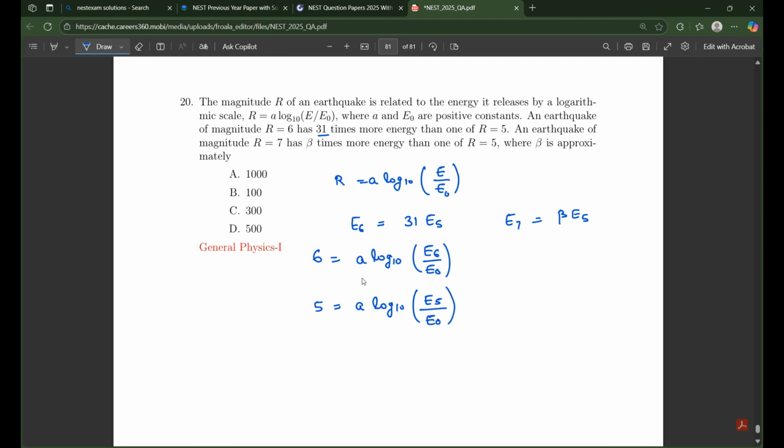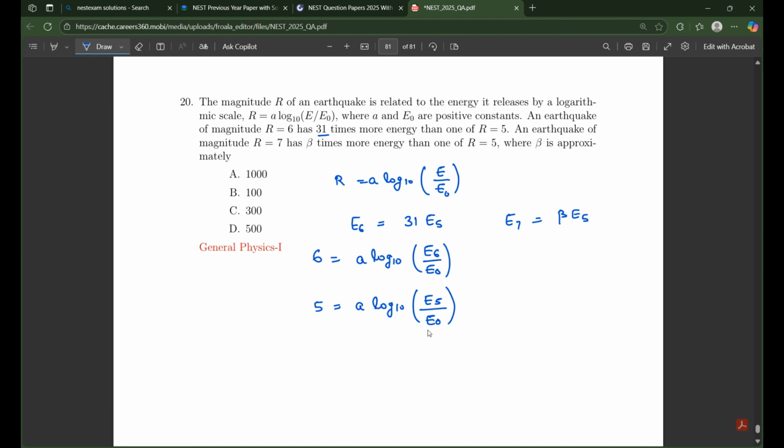Now I have to eliminate one of these constants, because we have two equations and three unknowns, as this is related to E. So if I can remove any one, I can get the equation easily. So which one can I remove from this?